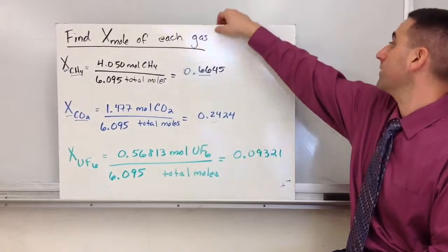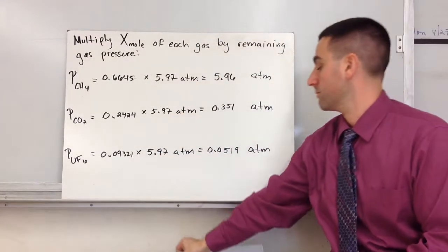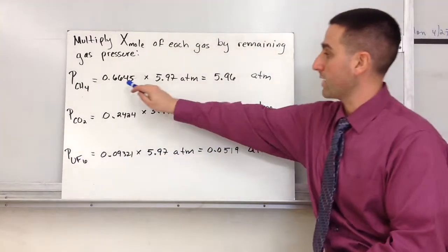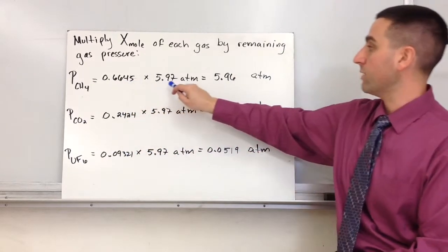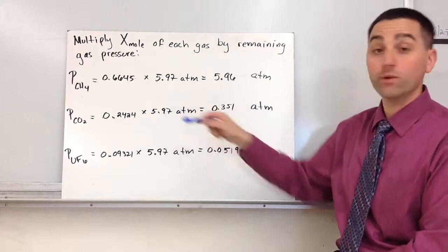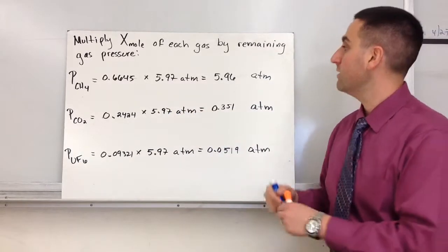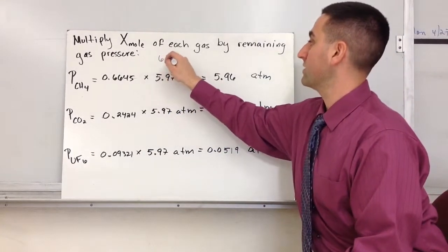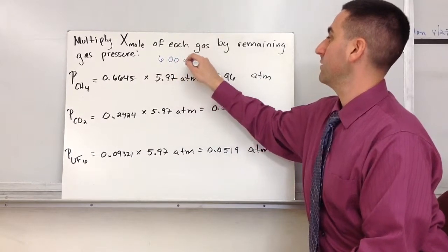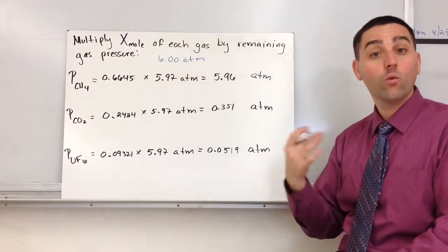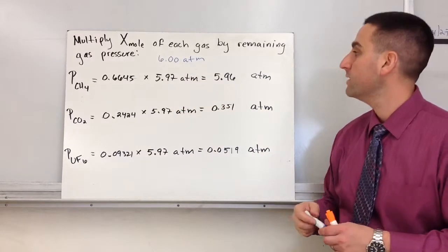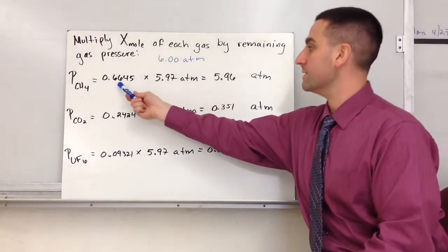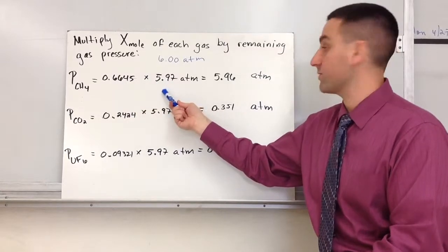Well, let's figure out their partial pressures. I take the mole fraction of each gas and multiply it by the total pressure, 5.97. Now remember, the initial pressure was 6 atms, but we deducted water vapor pressure, so that leaves us with 5.97. So essentially I'm finding what is 66% of this total pressure.